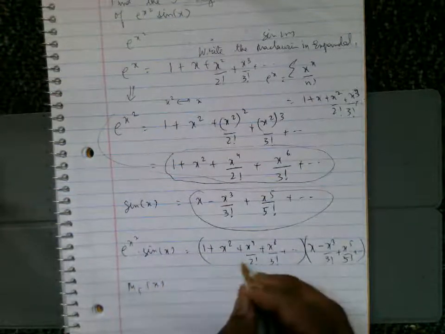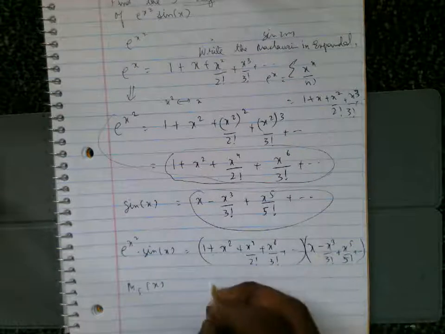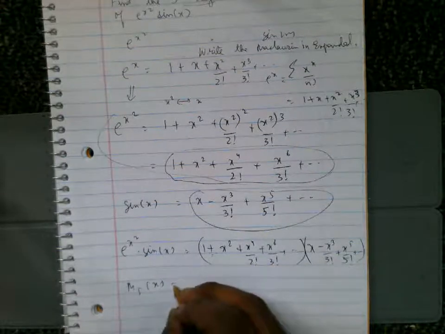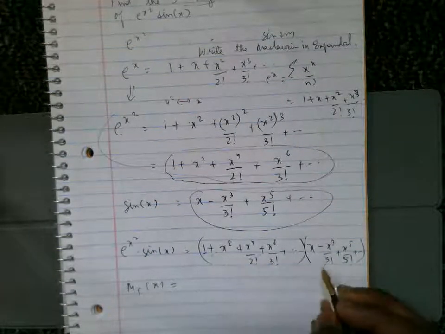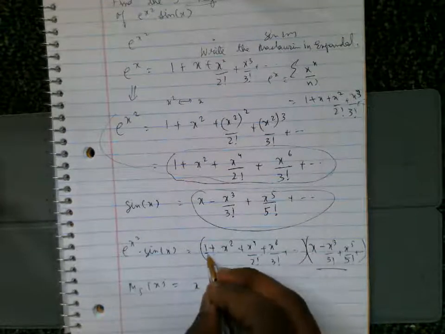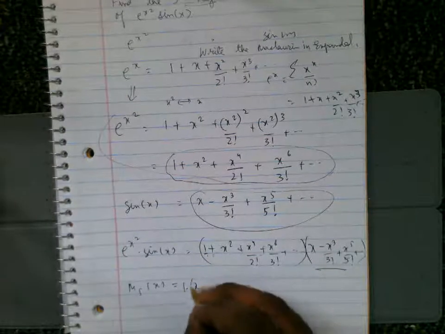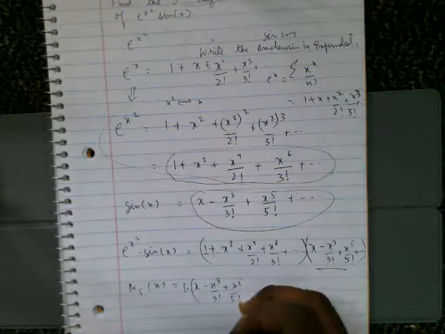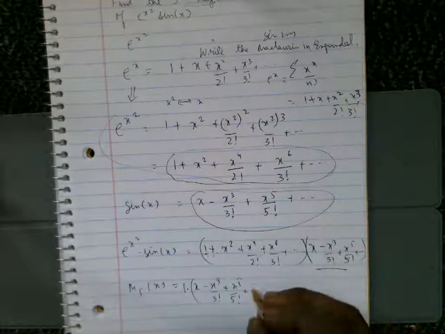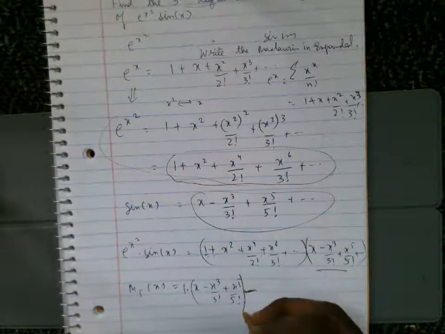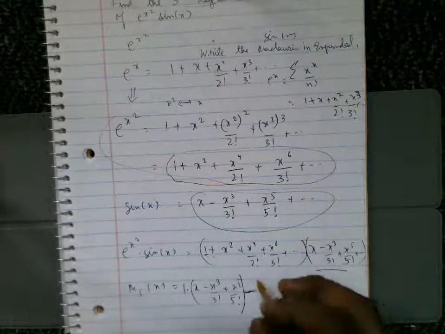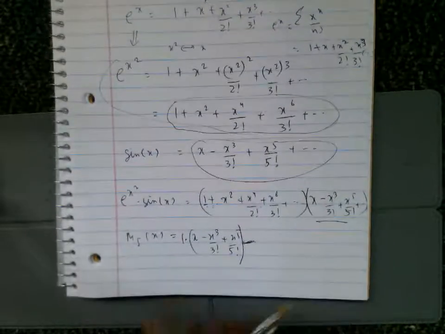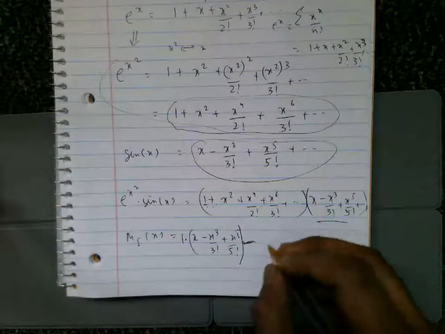So you will just take powers that when multiplied have degree at most 5. So once you multiply 1 with this, you will have x minus x cubed by 3 factorial plus x to the power 5 by 5 factorial, and the rest of the terms are greater than x to the power 5. Therefore I'll ignore them, because I just want the fifth degree Maclaurin polynomial.